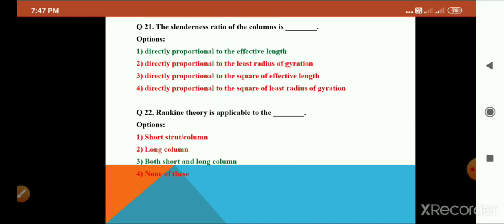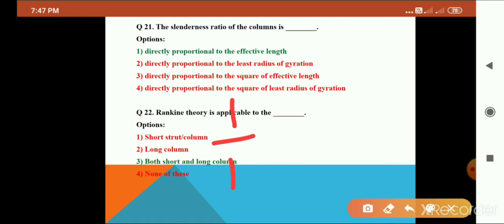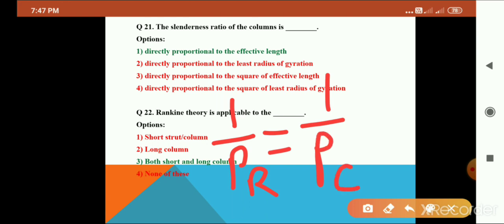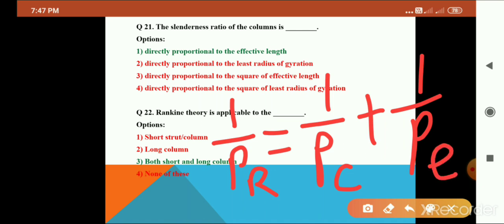The next question is, Rankine's theory is applicable to the... First of all, we have to know the expression for Rankine's theory. We know the expression: 1 by PR, the Rankine load, is equal to 1 by PC, which is the crushing load, plus 1 by PE, which is the buckling load.